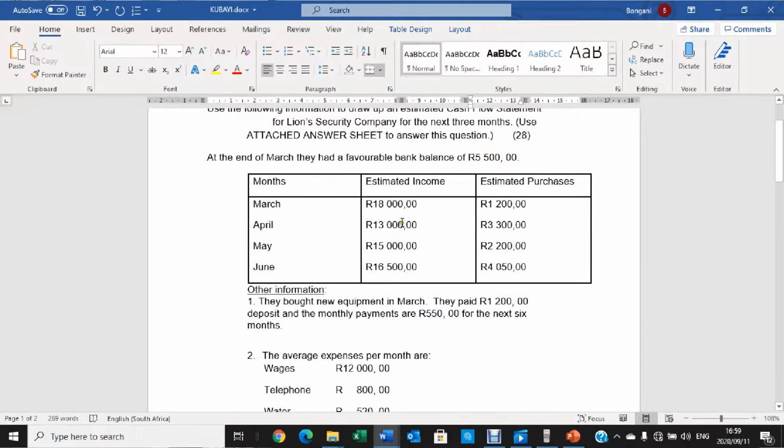April, they estimated that they are going to get 13,000. From that 13,000, 25% is going to be received in May. Then we calculate 25% of 13,000. 13,000 multiplied by 25 divided by 100 gives you 3,250.